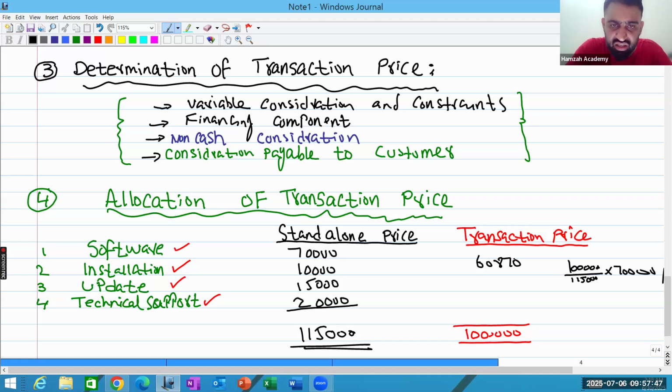Now the same for the installation. For installation, $100,000 divided by $115,000 into $10,000 will give you $8,696.